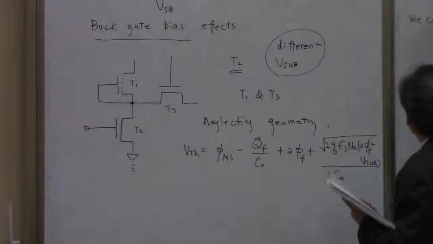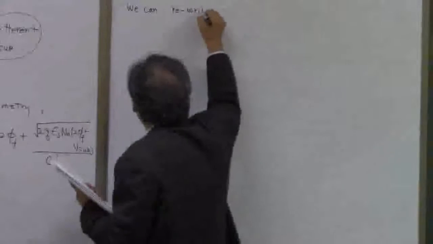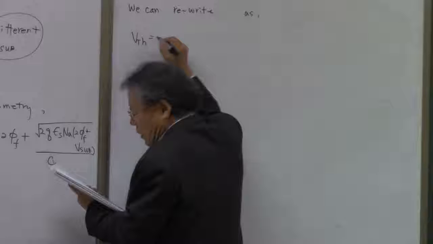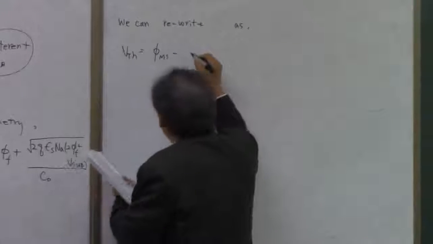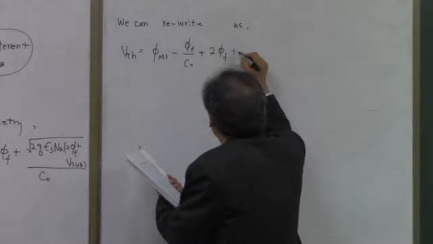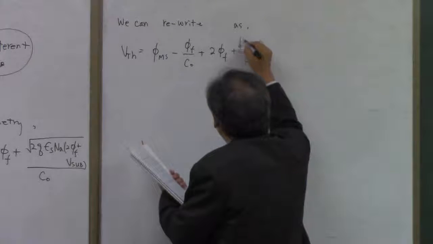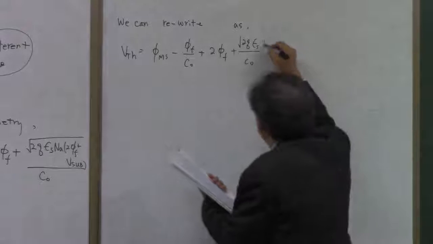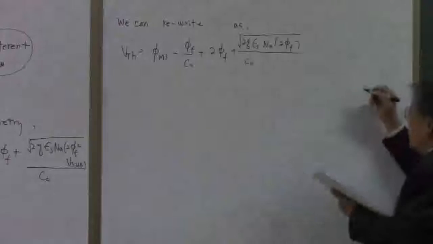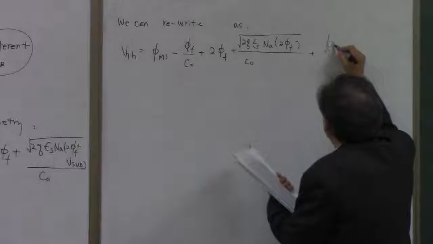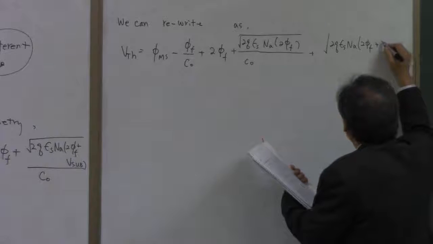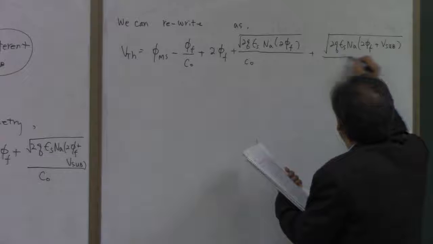So we can rewrite this equation as threshold voltage: C naught phi f plus 2 phi f plus C naught over 2q Na 2 phi f, and plus 2q Na 2 phi f plus V sub over C naught.